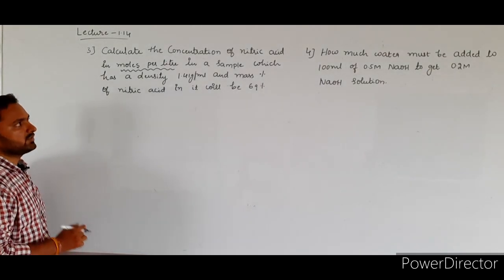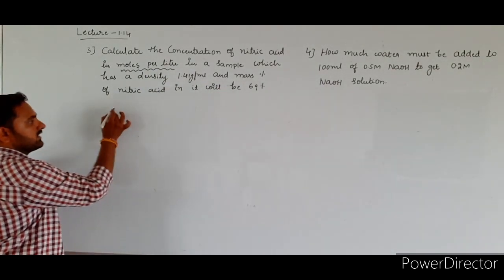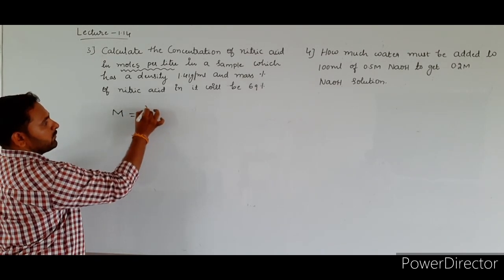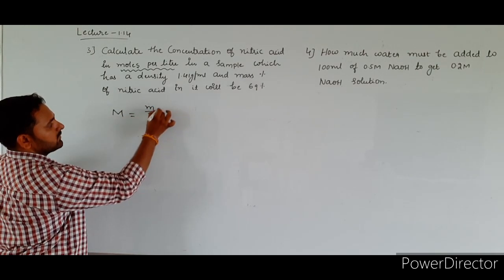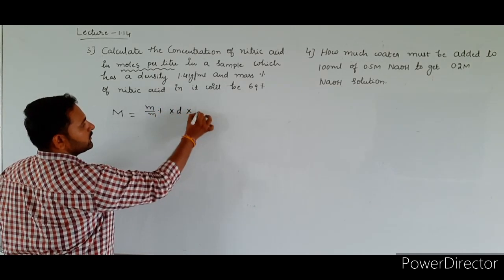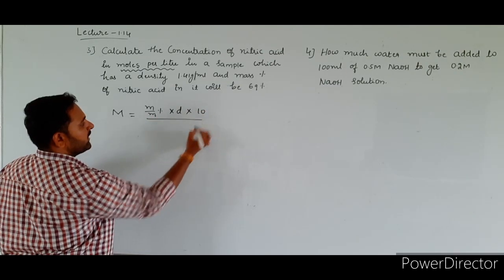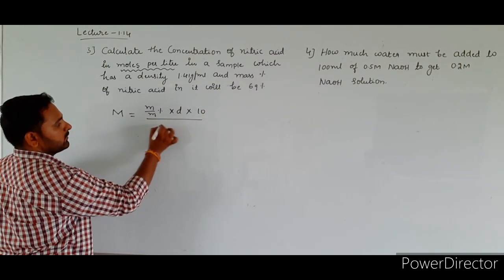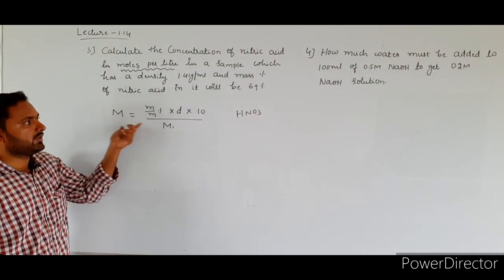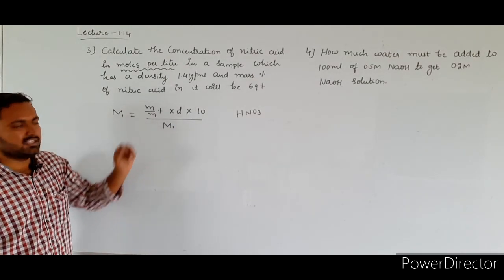Now write the relation between molarity and mass percent. The relation is molarity is equal to mass percent into density into 10 divided by molar mass of solute. This is the relation between molarity and mass percent.